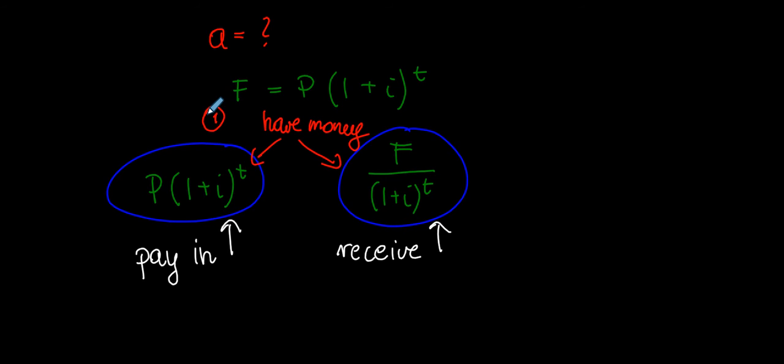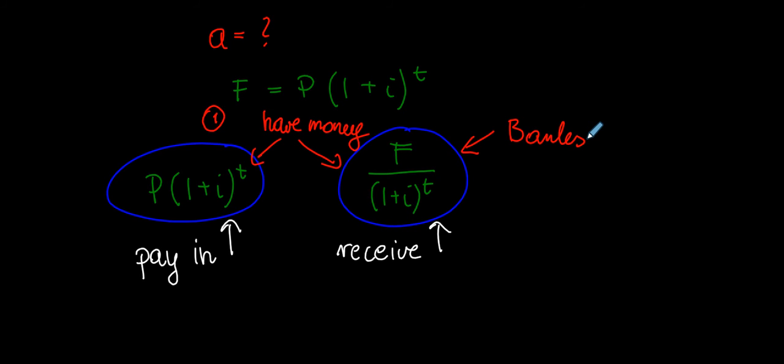Now, when it comes to bank and loans, we are always going to use that formula, because first the bank invests by giving you a loan, and then they are receiving. So that's why always with banks, that's the formula we're going to use.